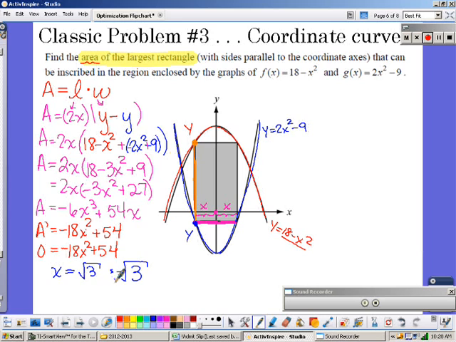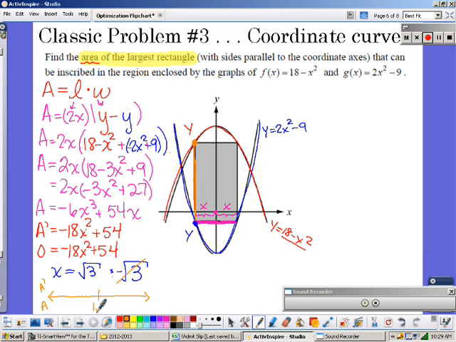Now we can ignore the negative root 3 because the reason it's there is because this x value in our picture, I have positive root 3 distance and negative root 3 distance. It doesn't change our answer. So I'm just going to focus on the positive one. Let's put it on a sign chart real fast just to confirm that it is in fact the max, not a min.